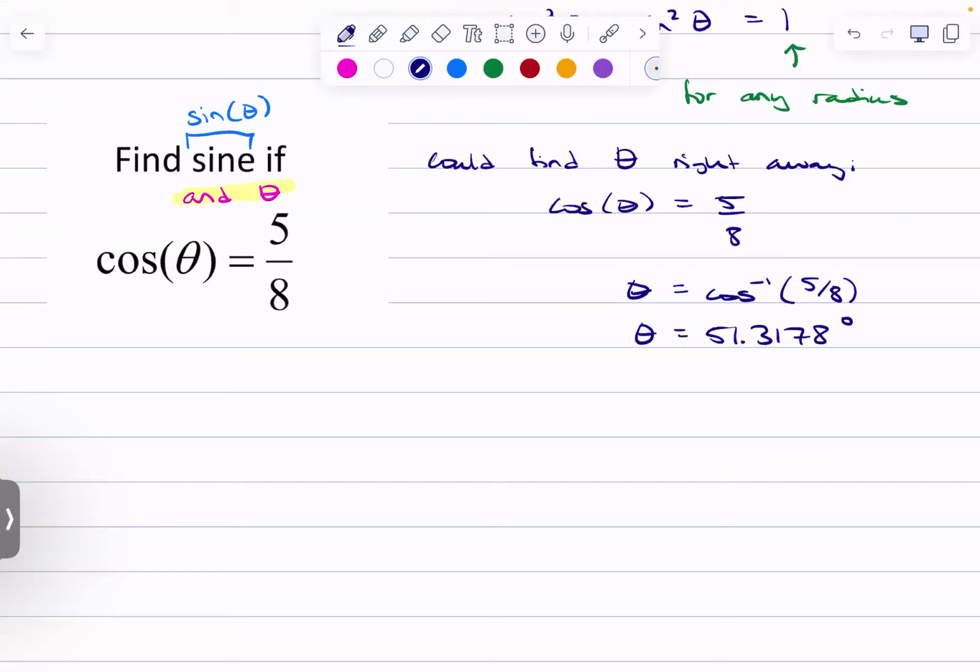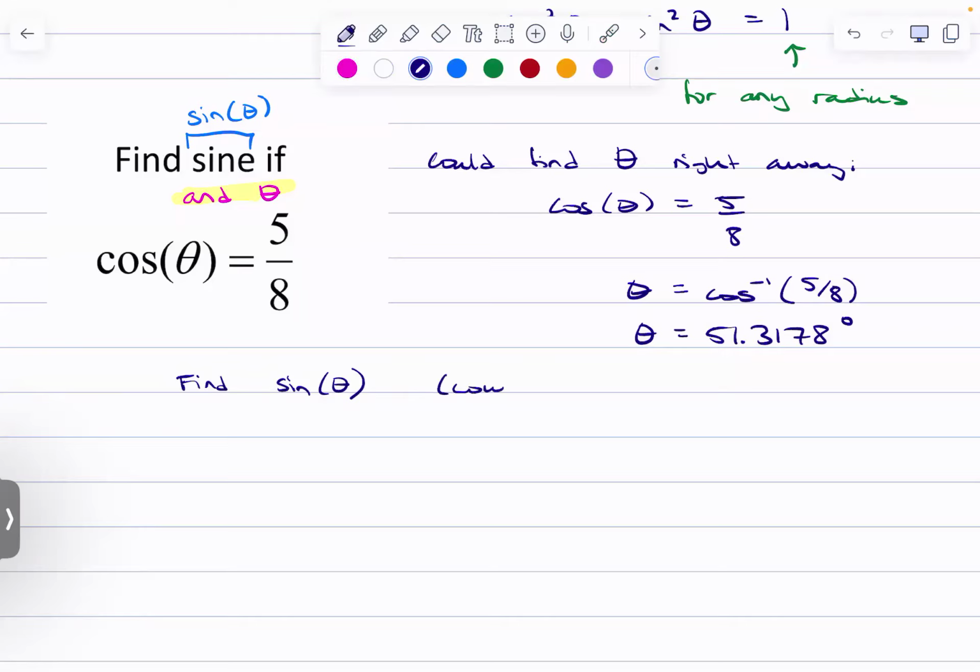So now find sine of theta. We know that the cos of theta, and there's a couple of different ways that you could do it. You could build a triangle. And so then you would know that the cosine of theta has an adjacent of 5 and a hypotenuse of 8, and then you could solve for the opposite.